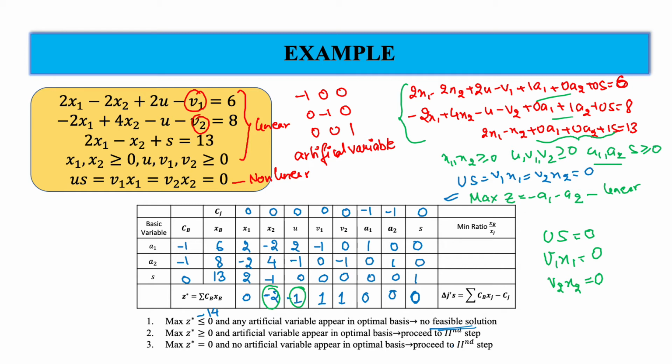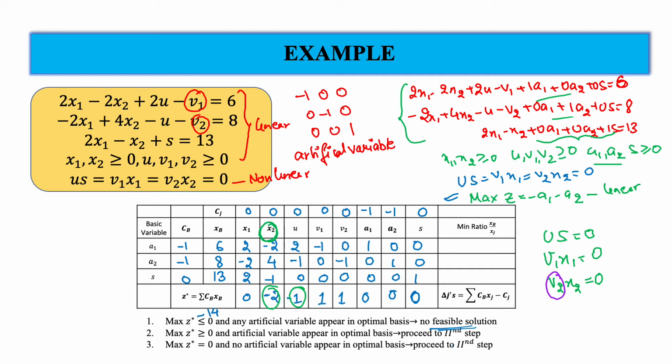So what does that mean? Here it is most negative, so x2 is entering. The complementary of x2 is what? The complementary of x2 is v2, and v2 is not given in the basic in the first table. v2 is not there in the basics.